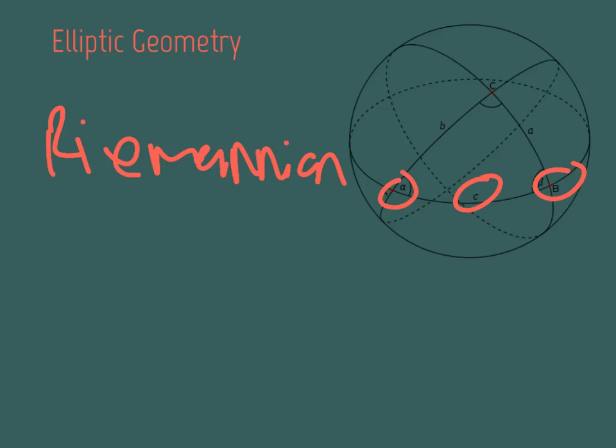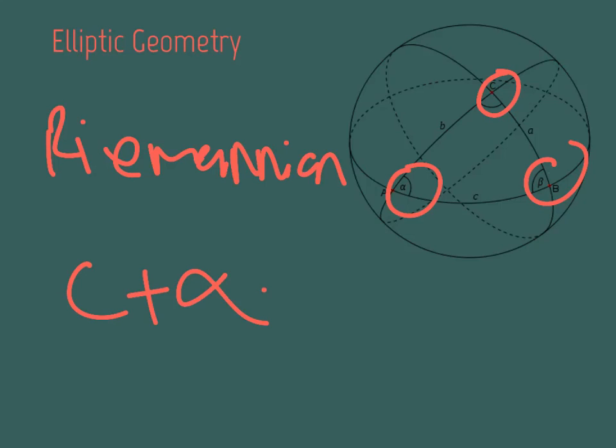So if we combine all we've said, that there are no parallel lines in elliptic geometry, and that it's a special version of Riemannian geometry, we'll see that in any triangle on an elliptic geometry sphere, the sum of the angles for this triangle, C, alpha, and beta, will be bigger than 180.